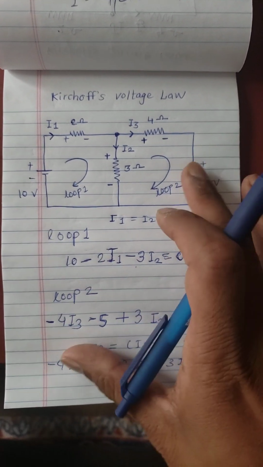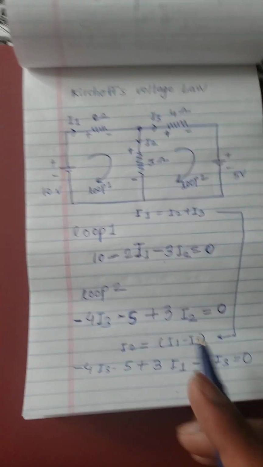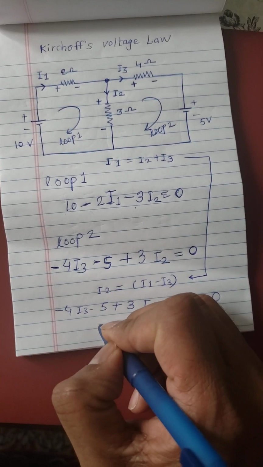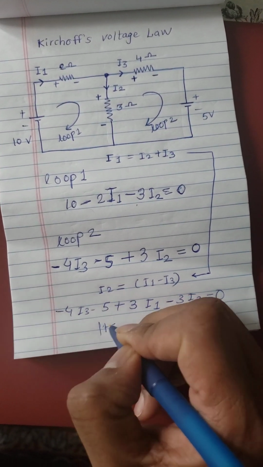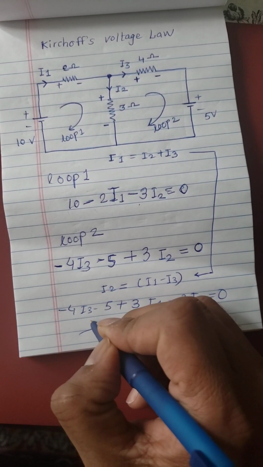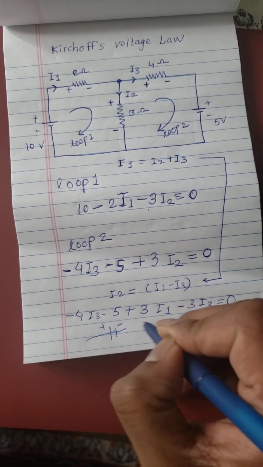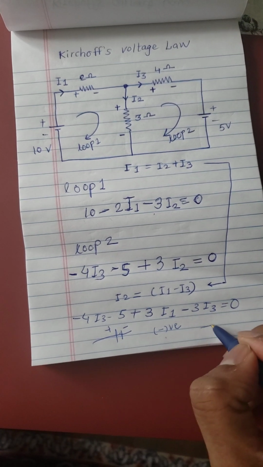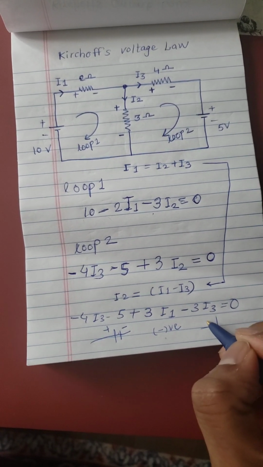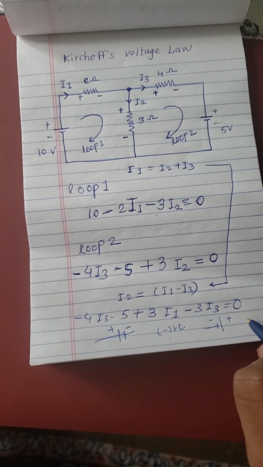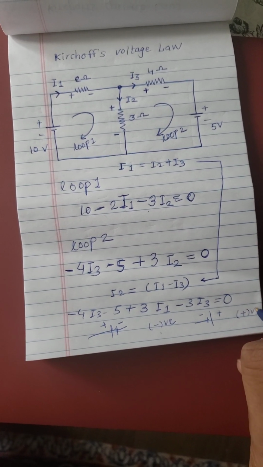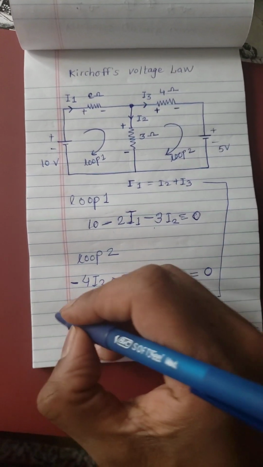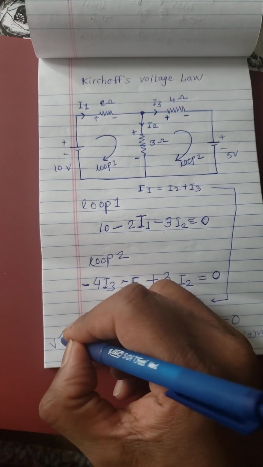It's as simple as that. Or in short, if it is like this, then negative. If it is like this, then positive. Another thing you have to remember is V equal to I into R.